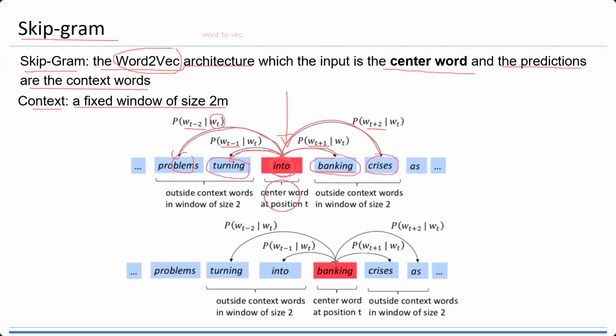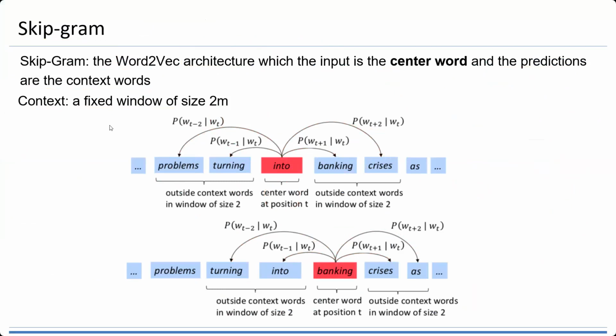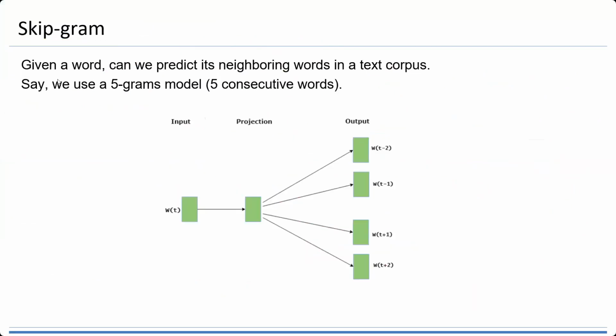We can also do this with another word, for example, "banking". We want to check what is t minus 1, t minus 2, t plus 1, and t plus 2, and so on. So this is the concept of the skip-gram. Given a word, can we predict its neighboring words in a text corpus?